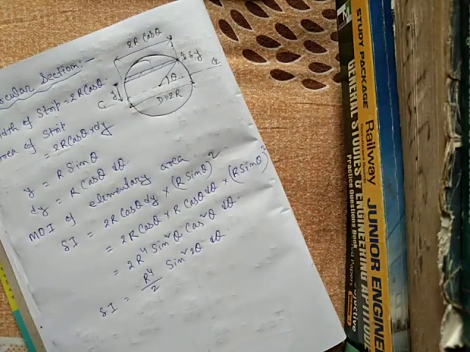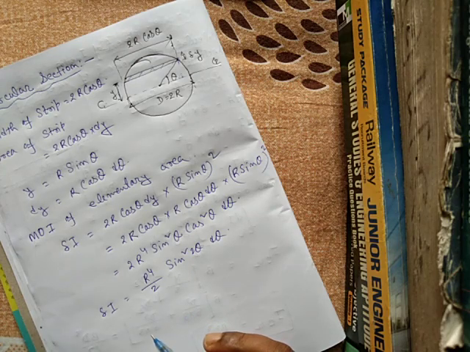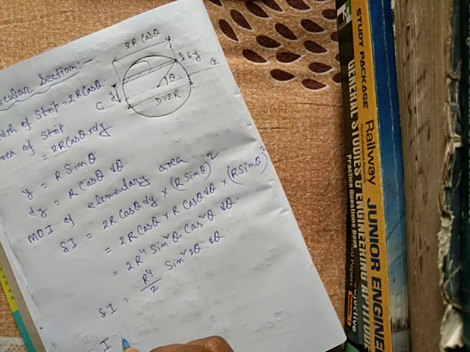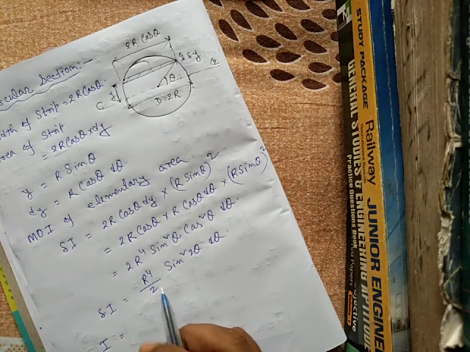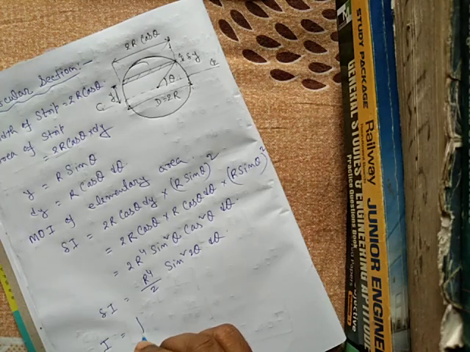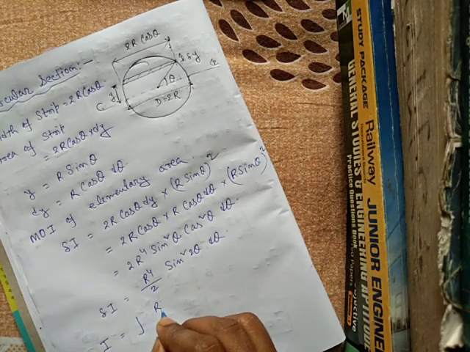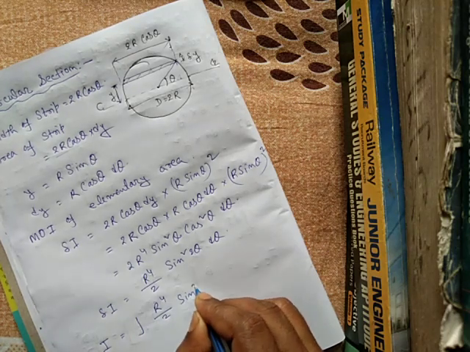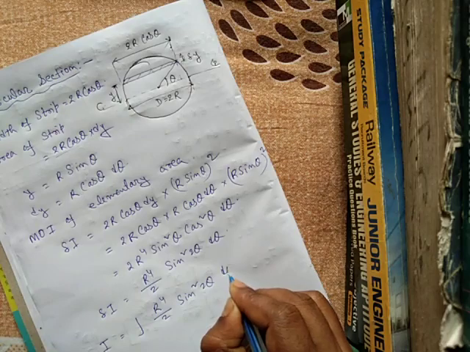Now integrate it with respect to theta: r to the power 4 divided by 2 sin squared 2 theta into d theta.